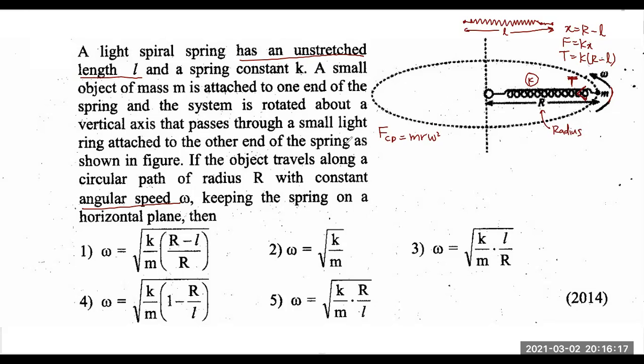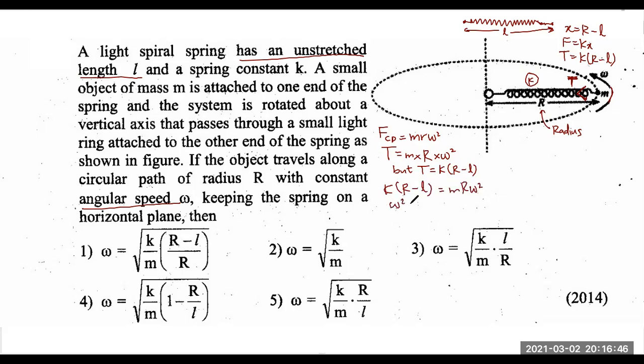Correct? Fine. Then let's substitute the values. Centripetal force here is tension. Mass is m, radius is R itself, and omega we have to find out, so m R omega squared. But we just found capital T in terms of K, R and L, that is K (R minus L), according to Hooke's law. So if you substitute that value here, K (R minus L) is equal to M R omega squared.